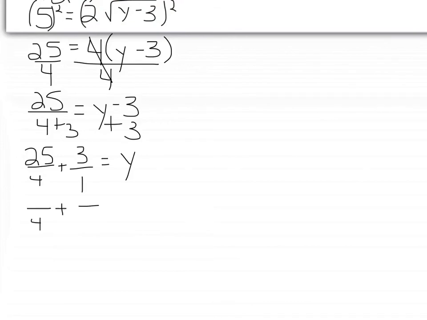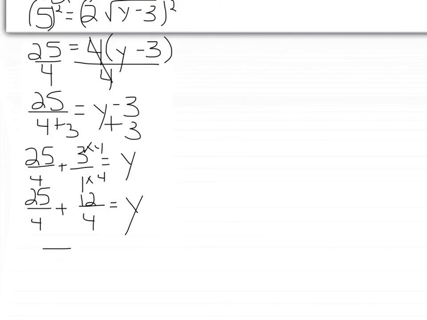You need a common denominator in order to add fractions. The common denominator is 4, so therefore your first fraction doesn't change. The second fraction, 1 goes into 4 times. 4 times 3 is 12. Or you could have said times 4 over 4.